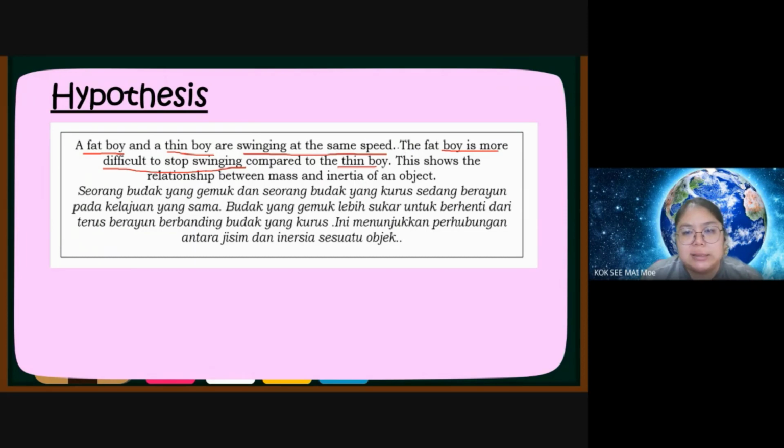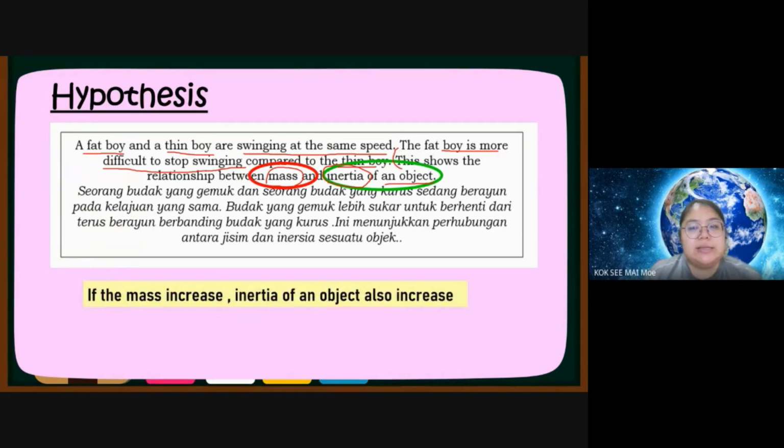So important, the last sentence: these show the relationship between mass and inertia of the object. So from here we find we got two physical quantities, mass and also inertia. So the manipulated variable is MV, this one is the responding variable, RV.